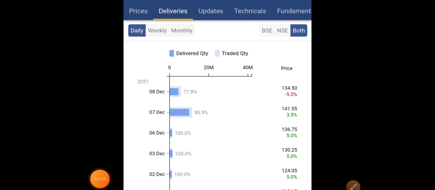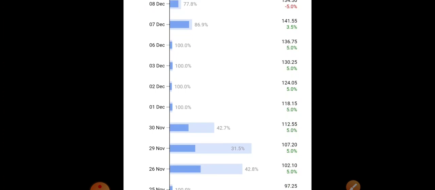Before we move towards the technical charts of TTML, first we'll try to analyze the day-to-day delivery. That is, we'll see how the traded quantity was changing with respect to deliverables. If we see the stock in a larger time frame, comparing 1 week or 2 weeks, we can see continuous movement the stock has generated. Daily we used to observe upper circuits. At some point of time, obviously the circuit will get opened and profit booking will happen.